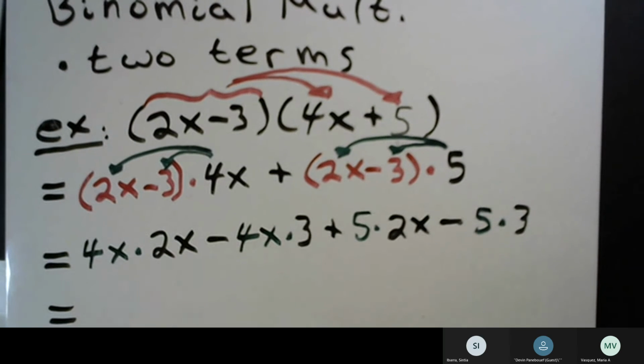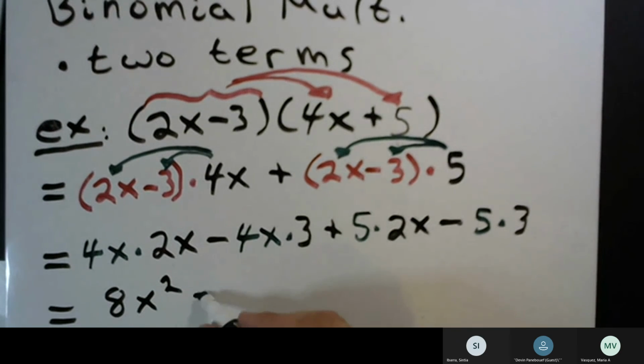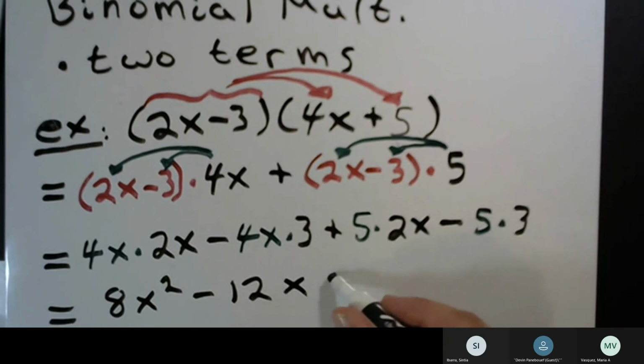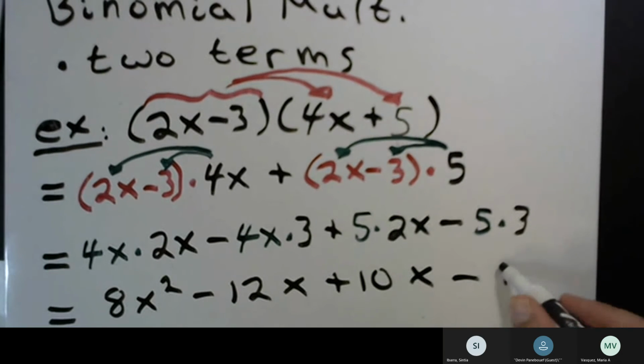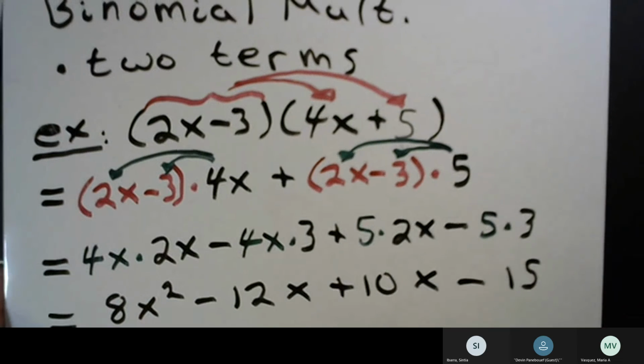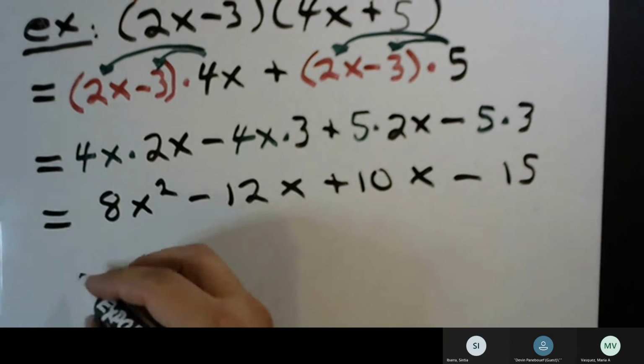So 4x times 2x, it's going to be 8x squared minus 12x plus 10x minus 15. So now we got to gather like terms. Still not done.